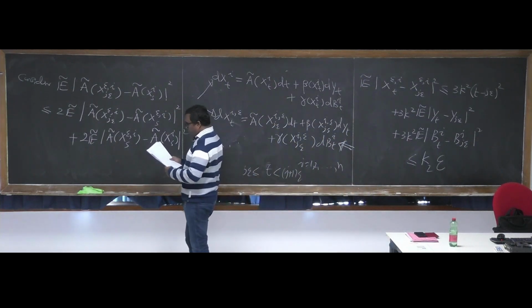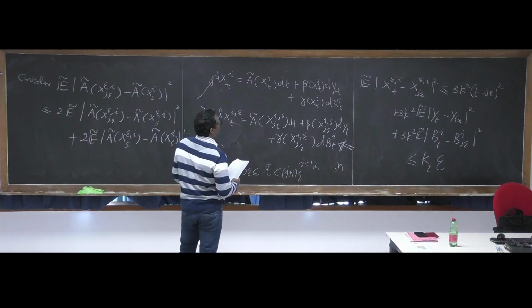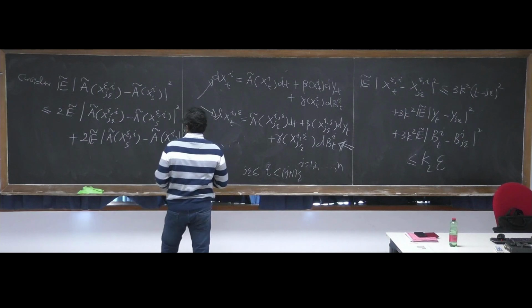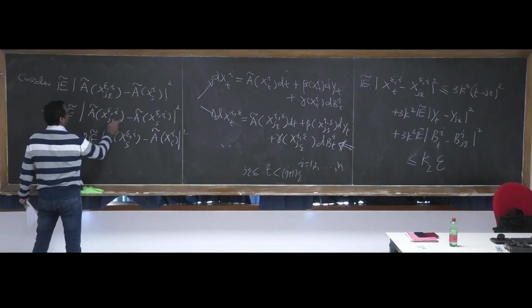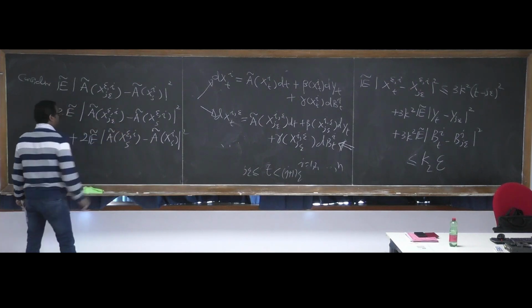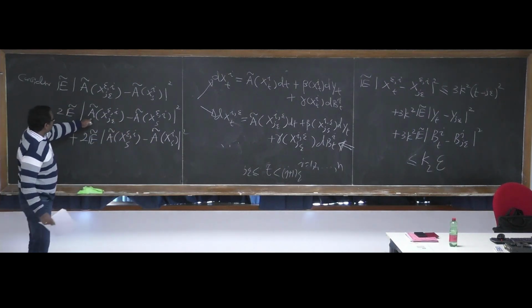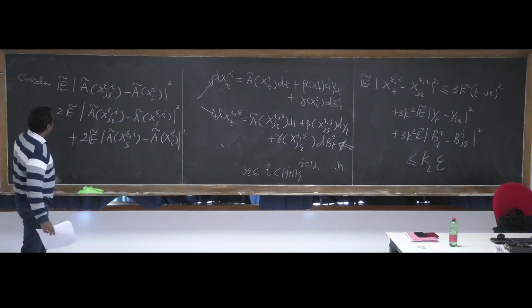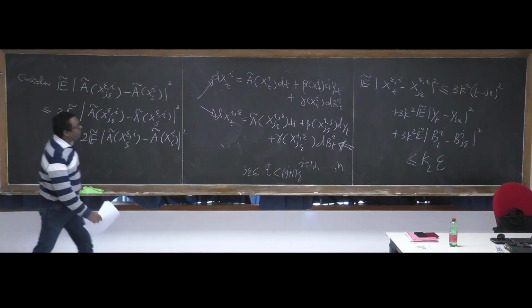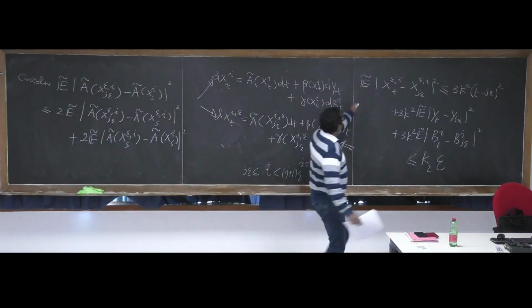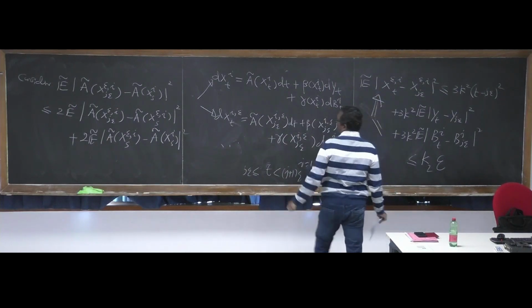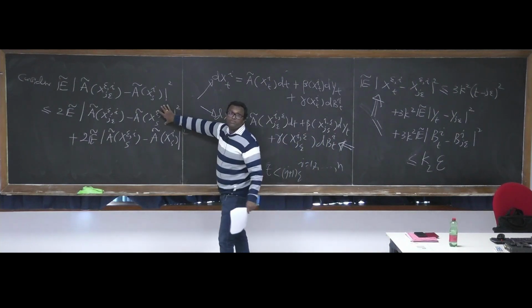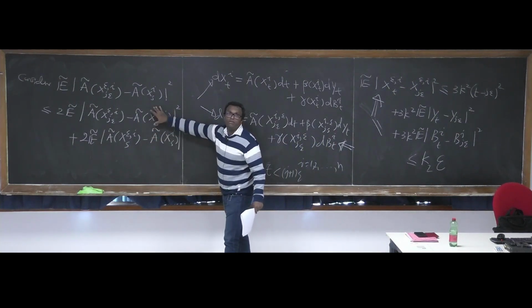So now you can apply the assumptions on the coefficient function, because they are Lipschitz continuous, together with this estimate. Then you can bound the first term associated with this inequality.